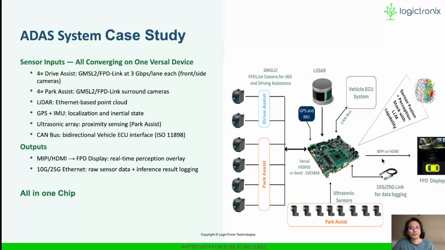We have a LiDAR for Ethernet based point cloud support, GPS plus IMU, and ultrasonic array. And CAN bus is used for the vehicle ECU interface. We also have a MIPI output for an FPD display, and a 10G Ethernet link for data logging.